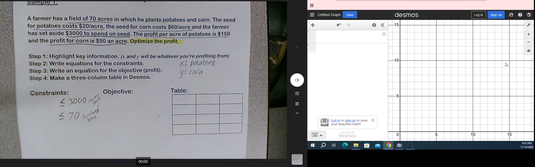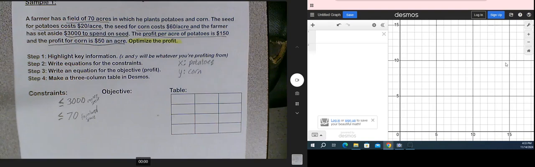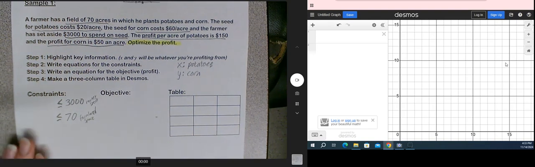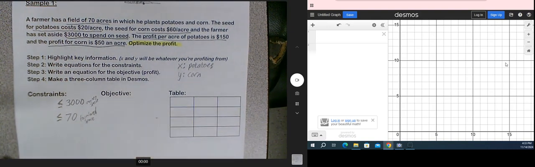This isn't a great example to start with, but the back example is much more like how I would normally give an optimization problem. So, the first equation is going to be very much like the equations that you're going to be making yourself. Okay? 3,000 is on the right, because it's the amount of money he has to spend.